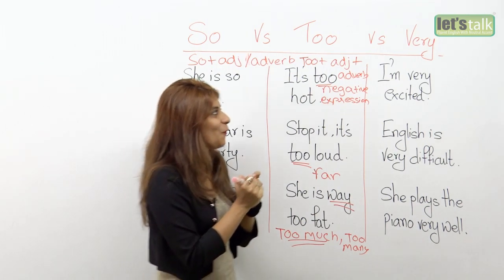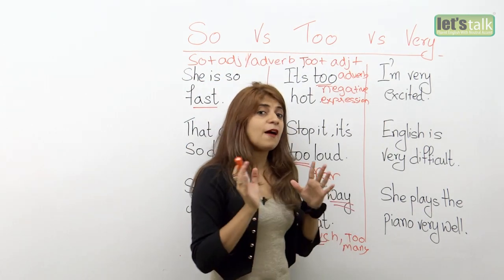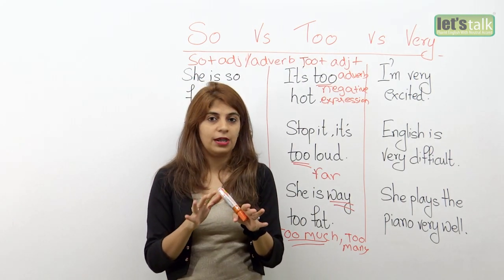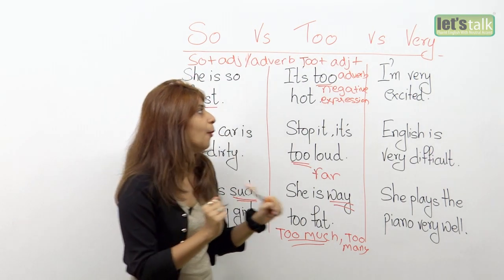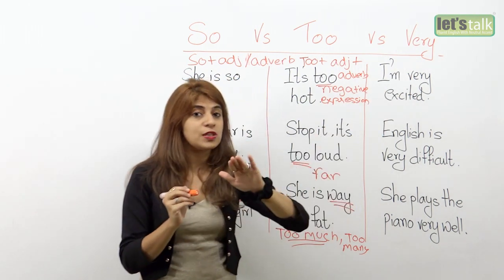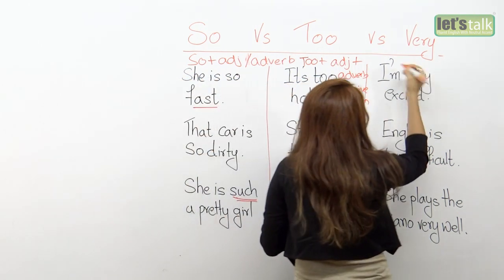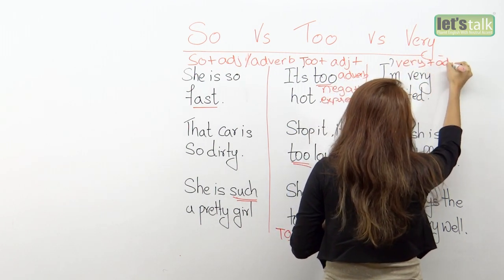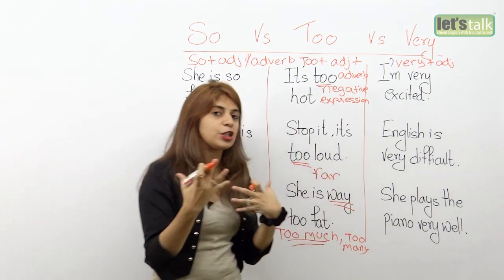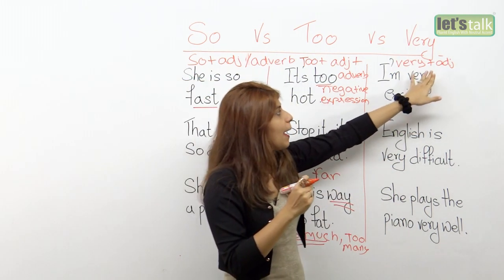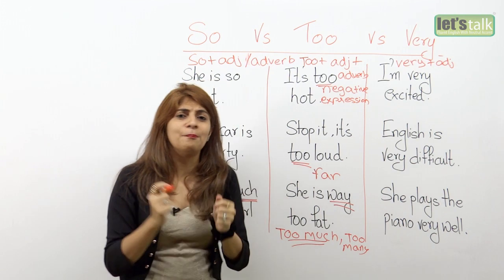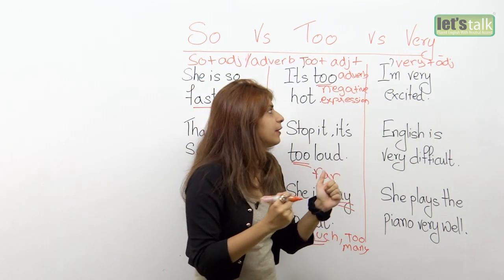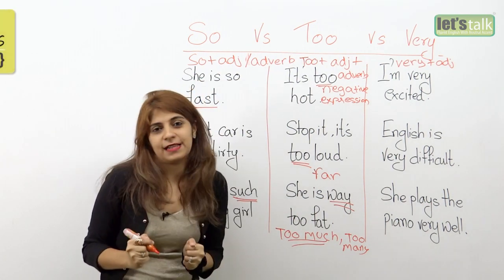Now let's get to the word very. Very and so are pretty similarly used. I'll tell you how. Very is also used with an adjective. It's always followed by an adjective, and it makes that adjective stronger. If you look at this example, I am very excited.